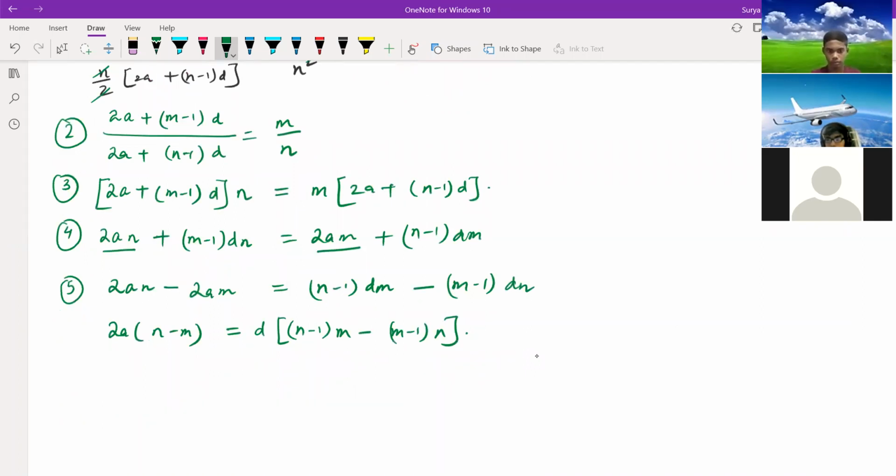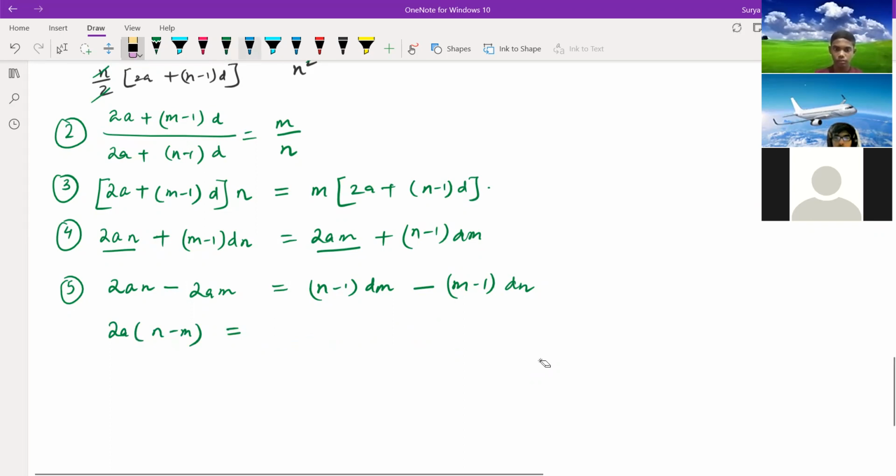Is there anything common anywhere? We can multiply also over here. We can write dmn minus dm minus dmn plus dn, right?